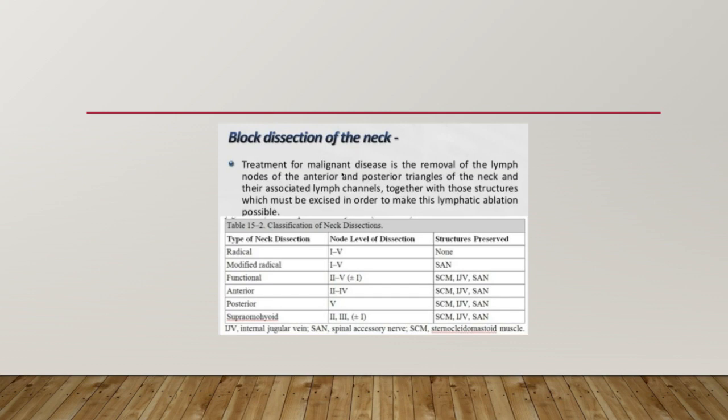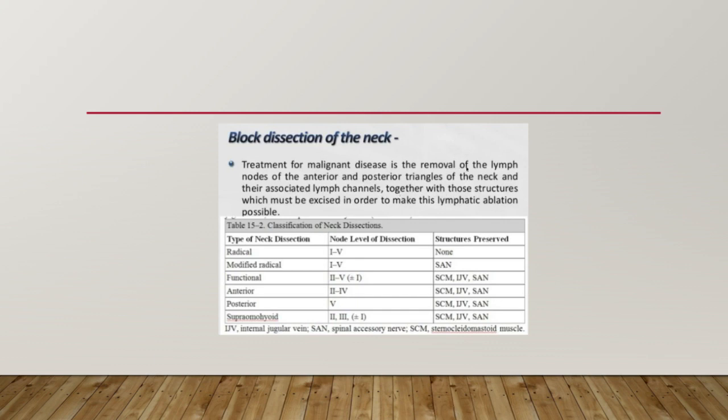Neck dissection is considered as a treatment for malignant diseases involving the head and neck region, where certain regions of the lymph nodes are selectively removed, or a radical or a modified radical neck dissection is done depending upon the nature of the tumor, the area which is affected, and the risk of micrometastasis.